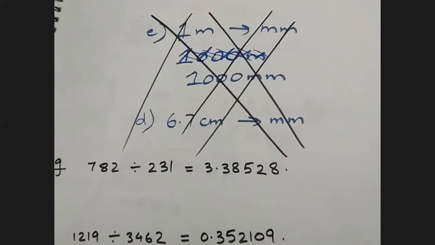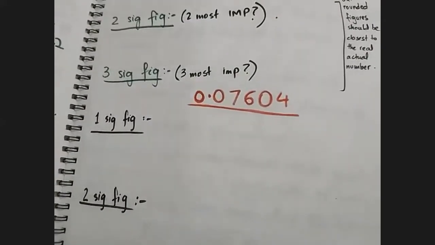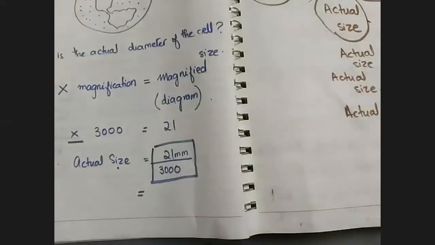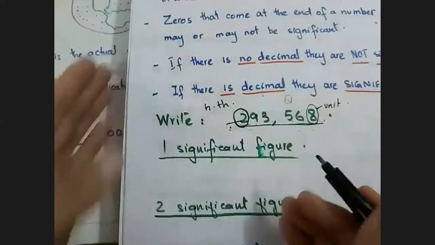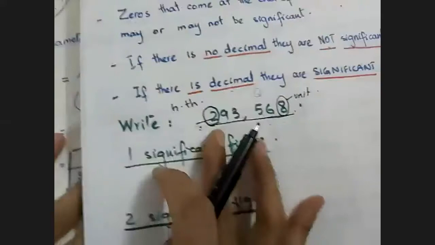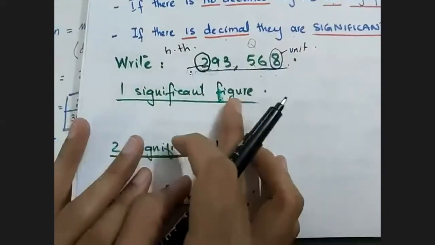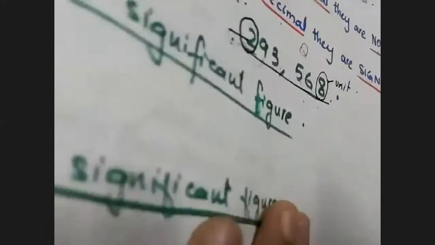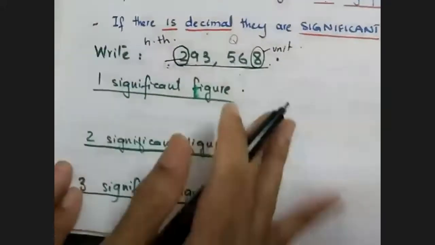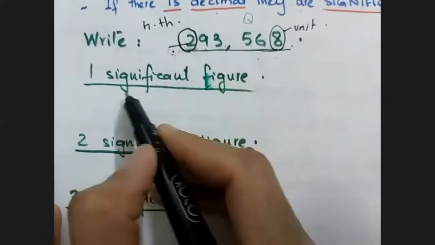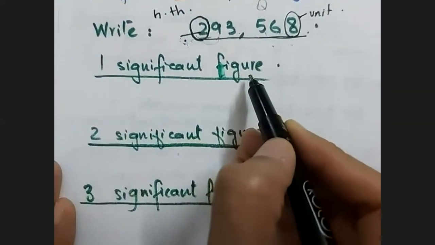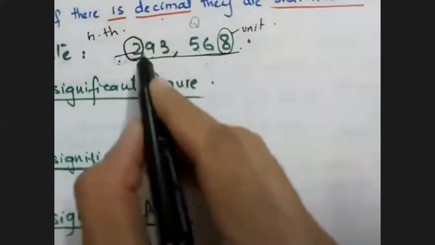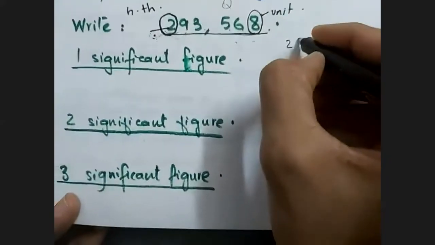Okay, let's do this first. Let's round off this number to 1 significant figure. Let me do 1 and then I will ask you guys to do it for me. So I'm rounding off this number to 1 significant figure. 293568.